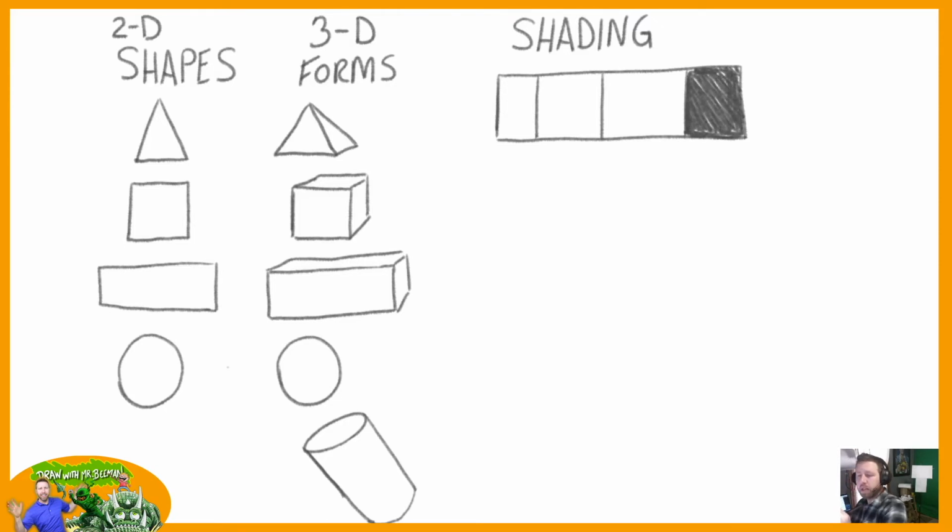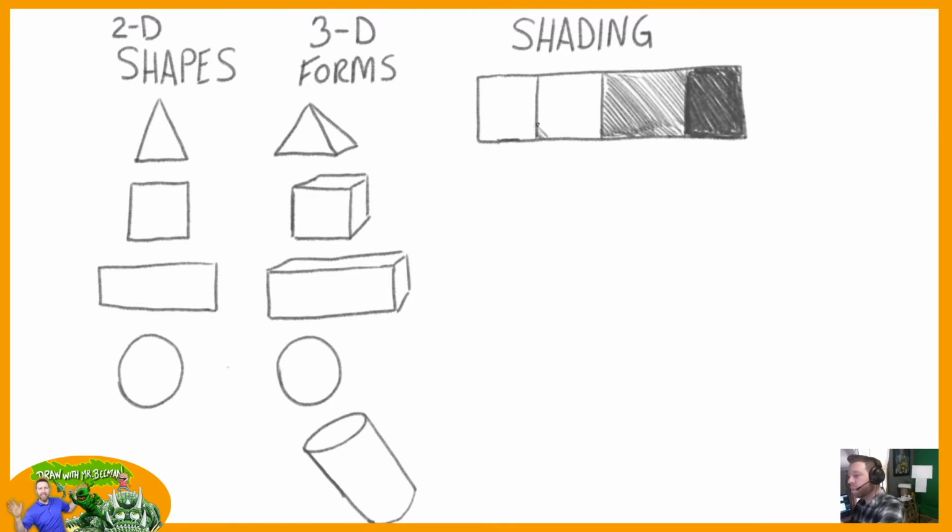This box right here will be your lightest box. We will put at least a 75% value of black in this box because we want to have a nice even transition from light to dark.